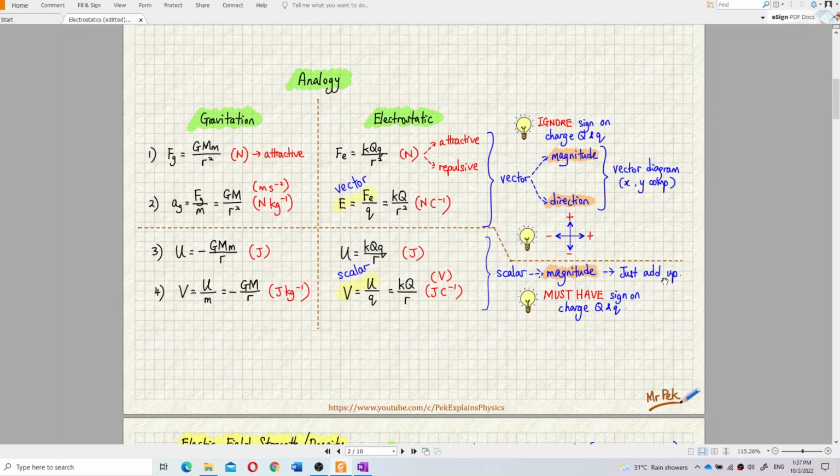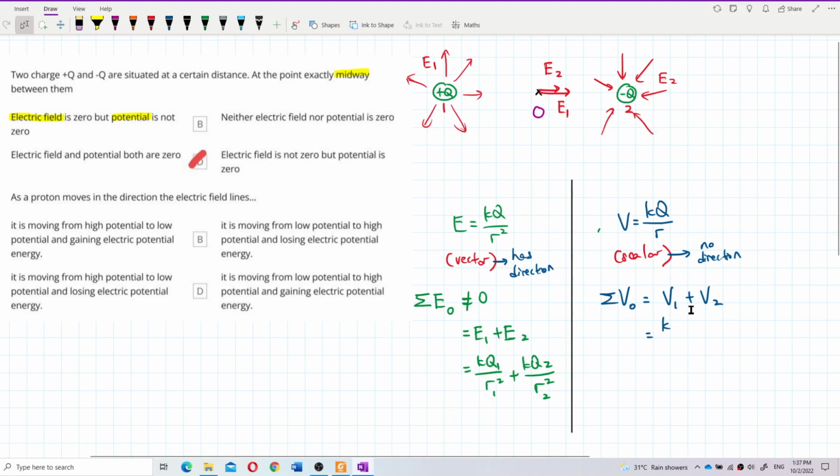There's no direction, no vector. Just add up. So the potential provided by charge 1 is KQ1 over R1 plus KQ2 over R2. Understand?